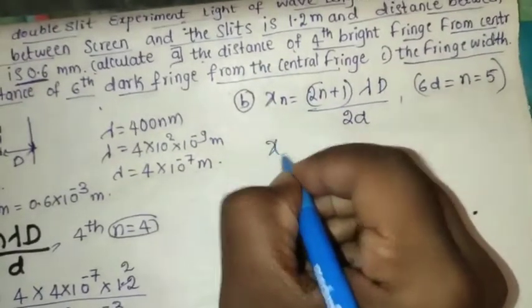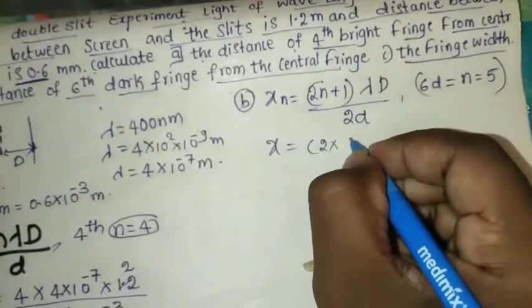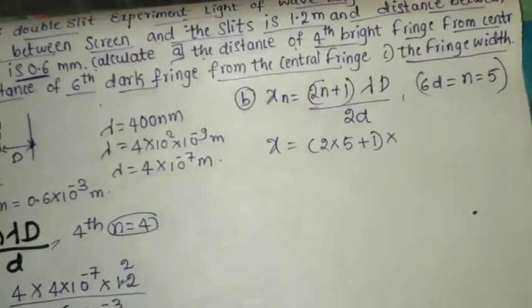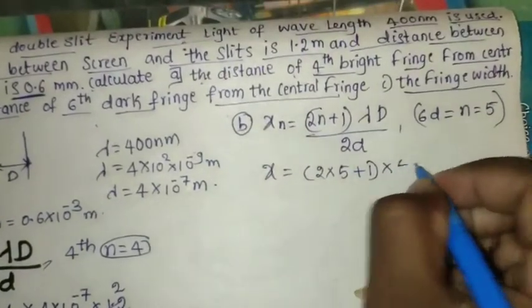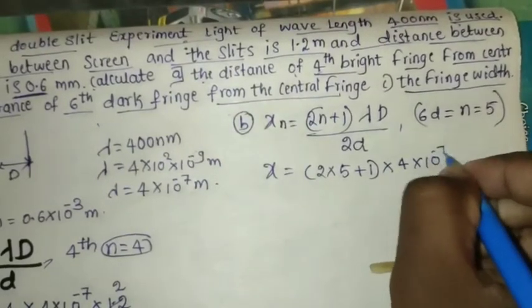Now substitute the values. n is 5, so 2n plus 1 is 11. Lambda is 400 nanometer, that is 4 into 10 to the power minus 7 meter.